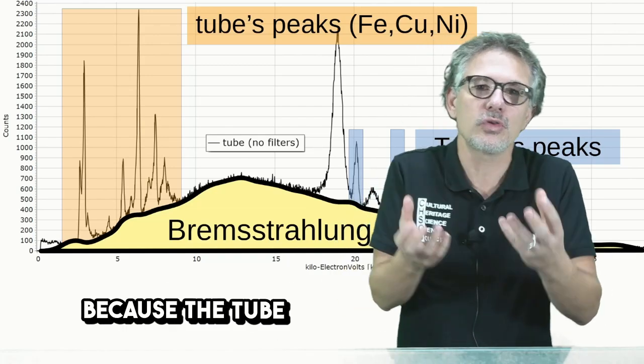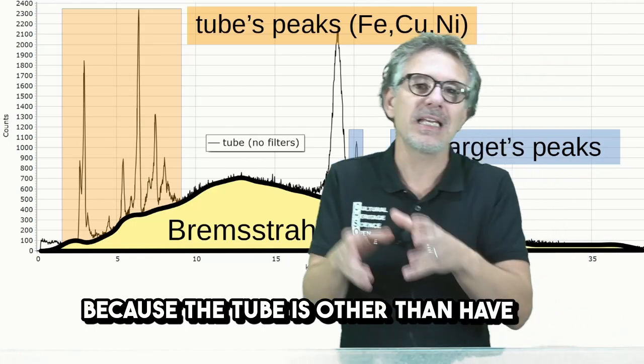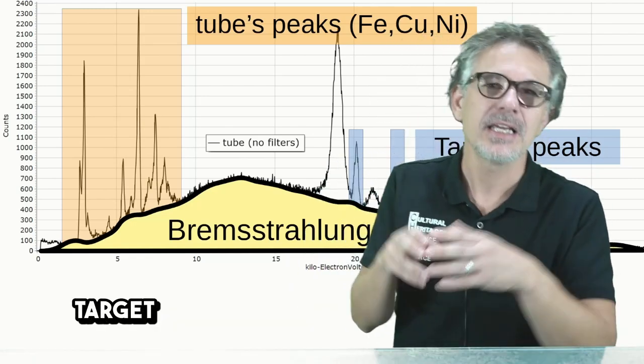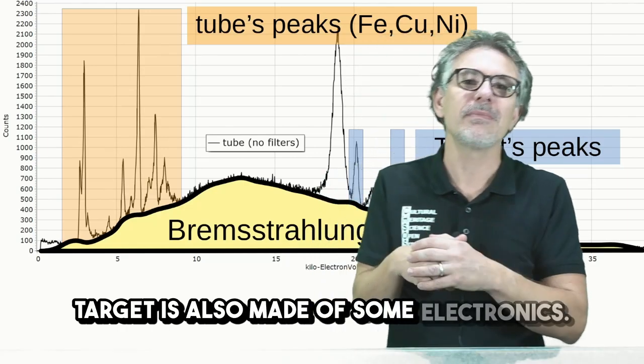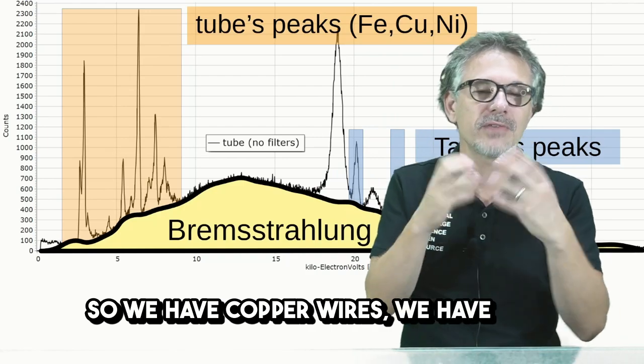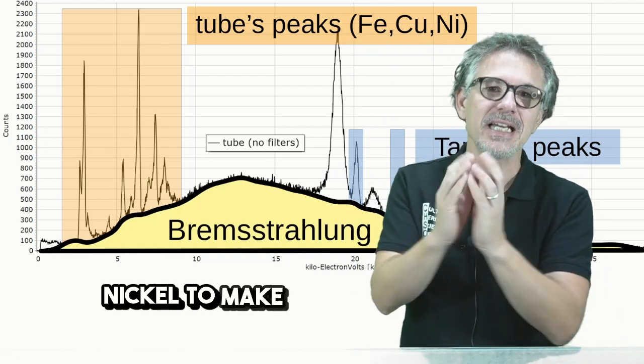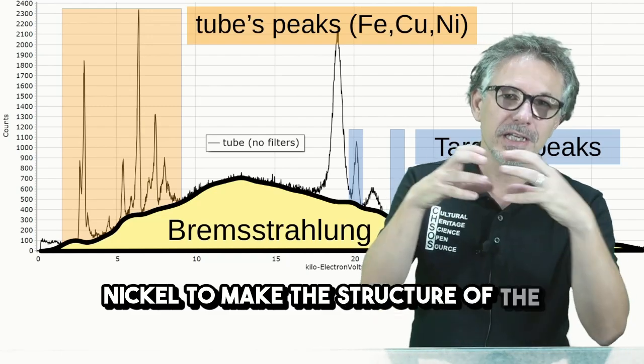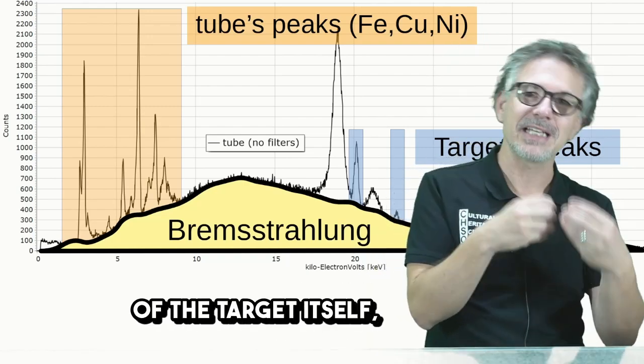Because the tube, other than having the target, is also made of some electronics. So we have copper wires, we have iron, nickel to make the structure supporting the target itself, and so on.